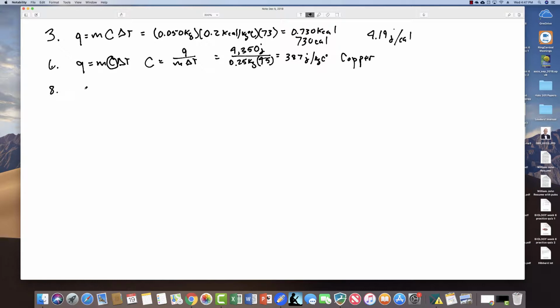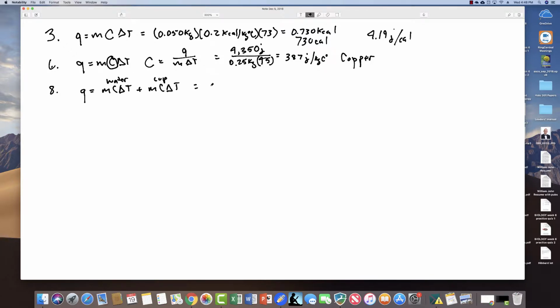So what it says here is that the total heat is going to heat water, m c delta T, plus an aluminum cup, m c delta T. So you're going to have two. This is the water, and this is the cup, the aluminum cup.